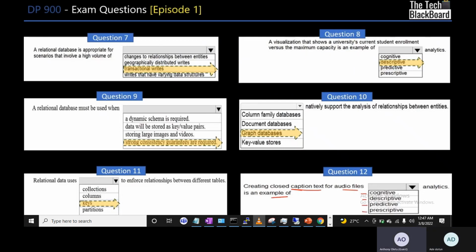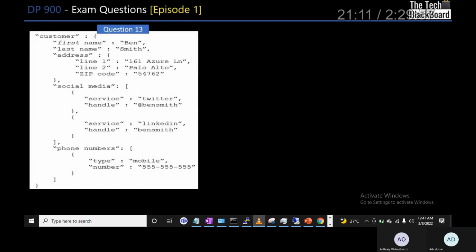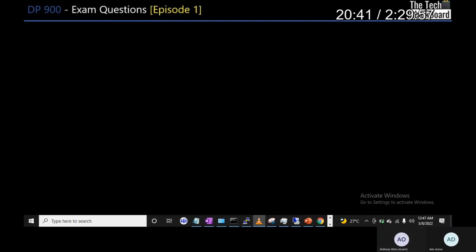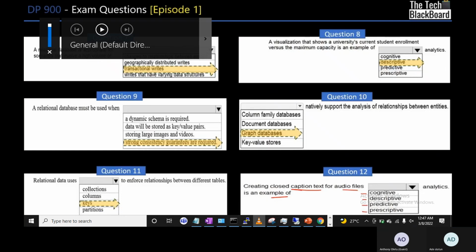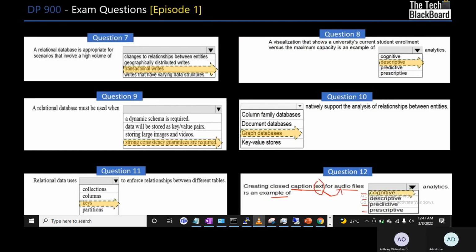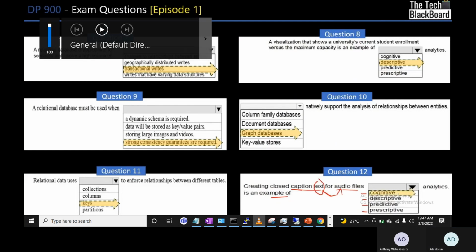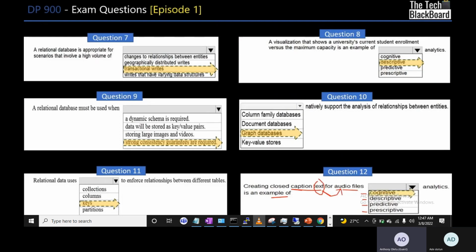Cognitive. Am I correct? Check it out. You are correct, sir.